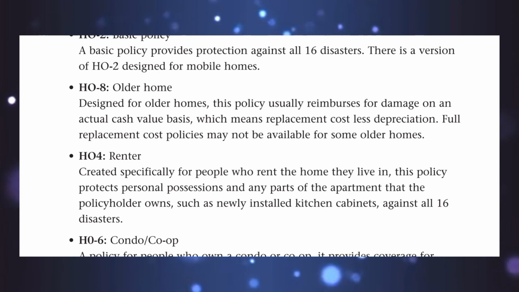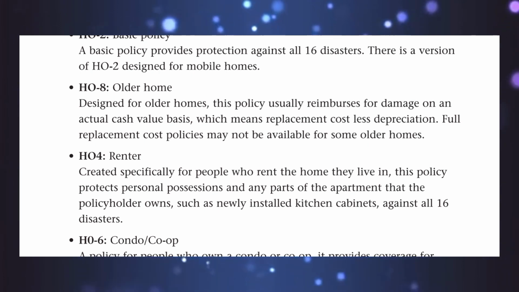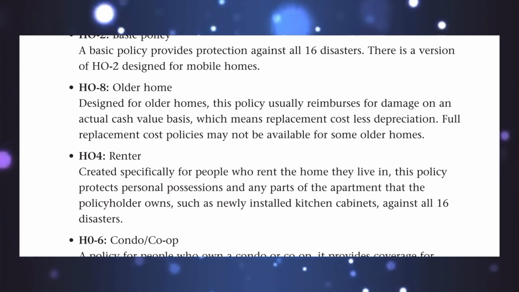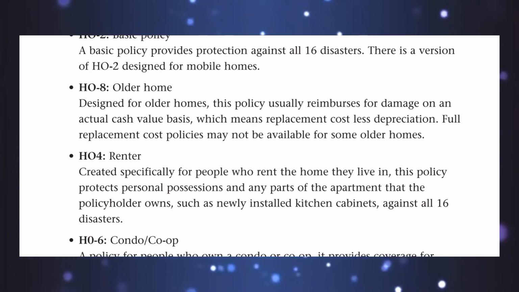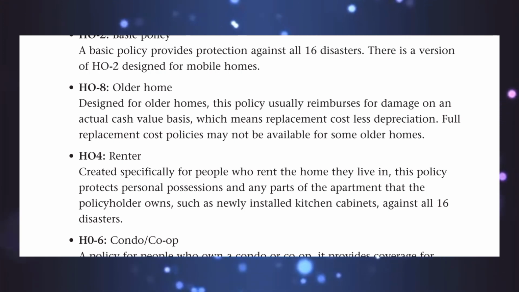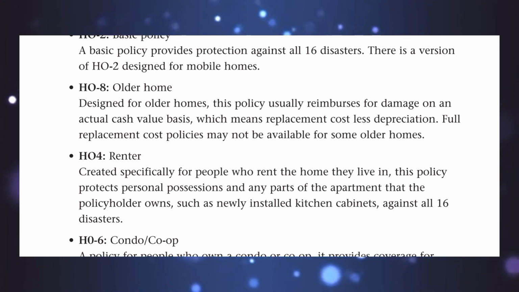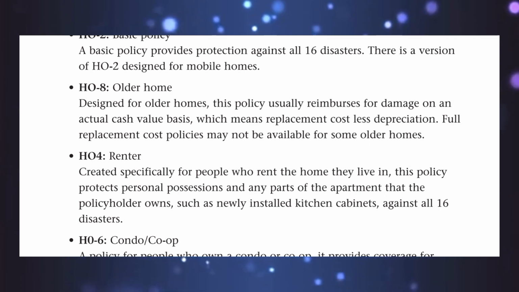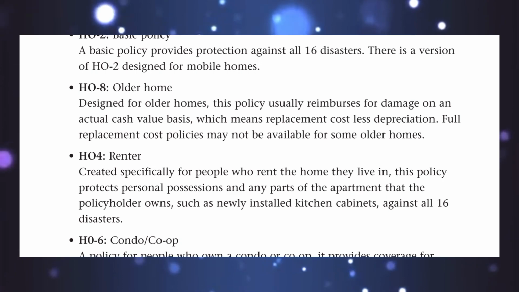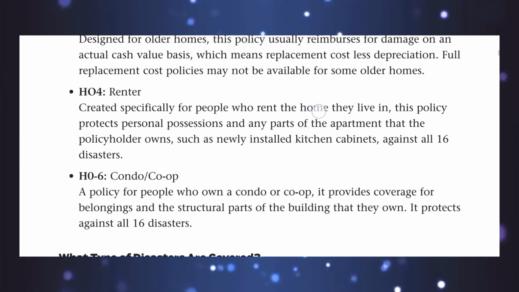HO4 Renter. Created specifically for people who rent the home they live in, this policy protects personal possessions and any parts of the apartment that the policyholders own, such as newly installed kitchen cabinets, against all 16 disasters.